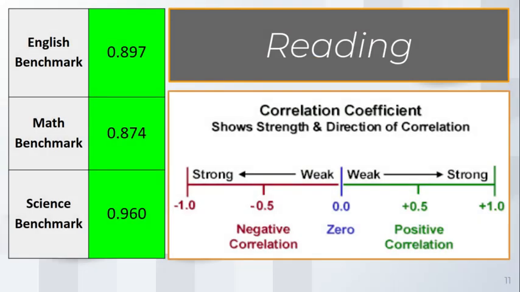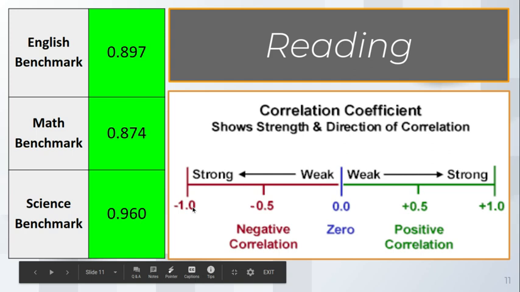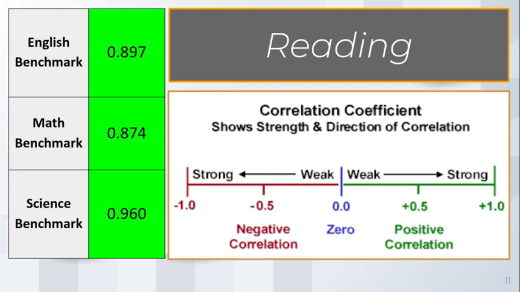I skipped over the composite score, but here's our reading correlation. Again, this particular format allows me to say, hey, let's go down to science. We're at a 0.96. That puts us over here. And so we're very strong and we're in a positive direction. Again, I would reemphasize that as reading scores go up, if we can impact reading, we can impact science.